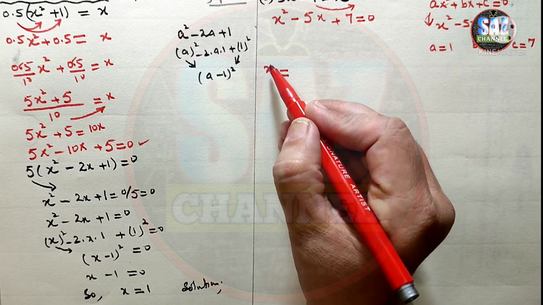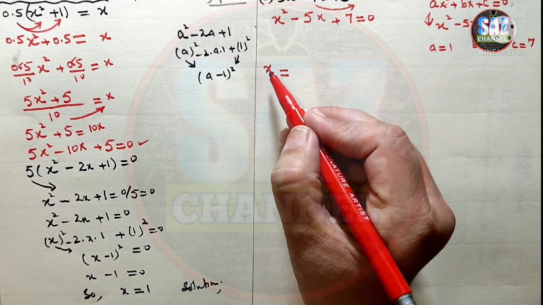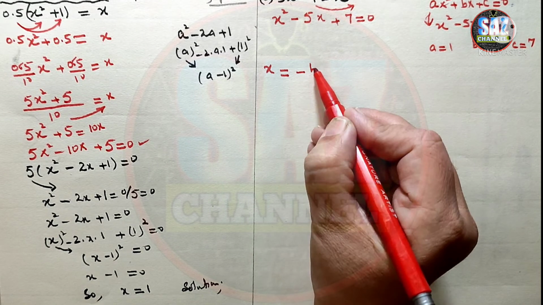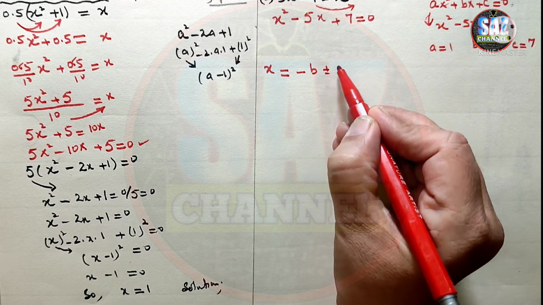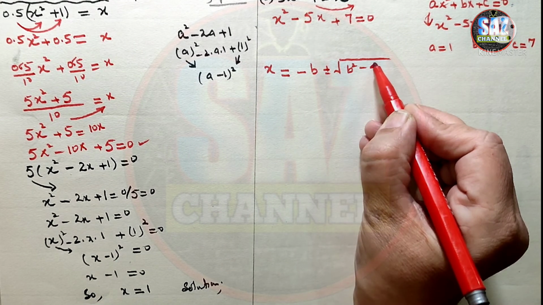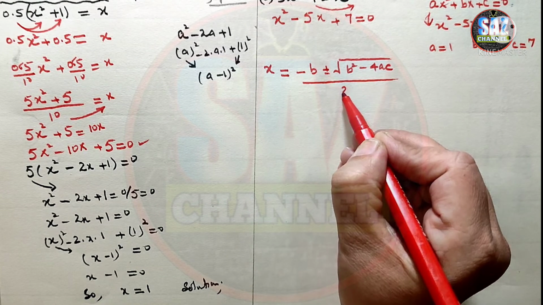Here we have to write whatever is the variable of the equation. x is the variable, x equals minus b plus minus square root of b square minus 4ac, upon 2a.